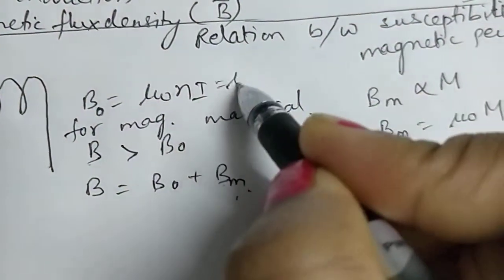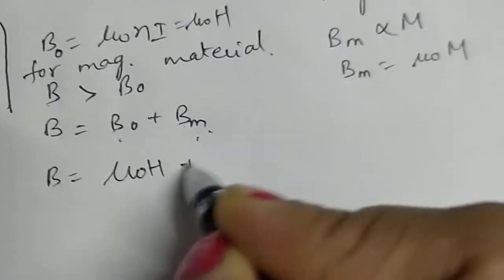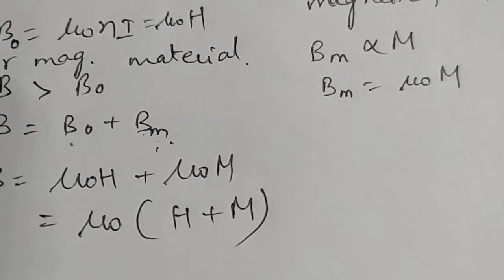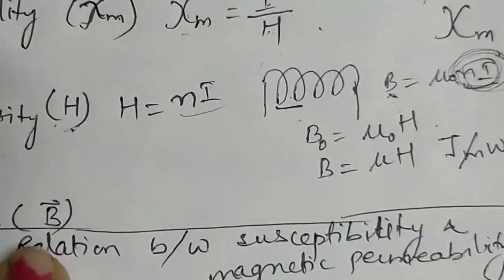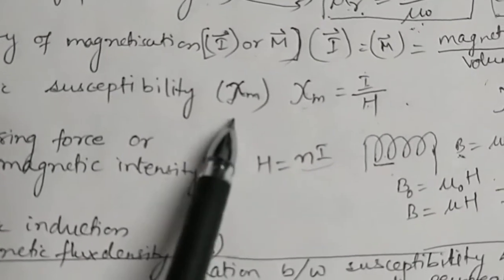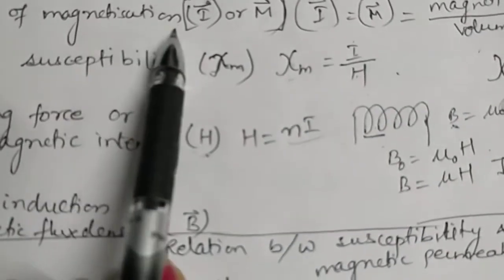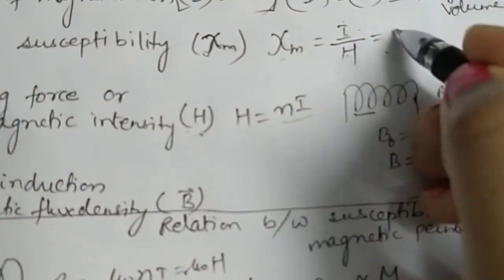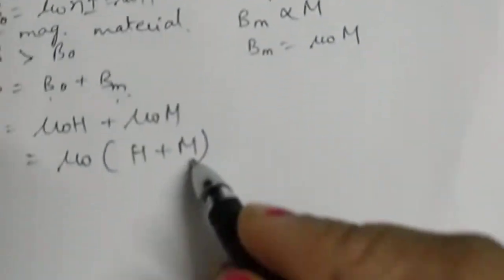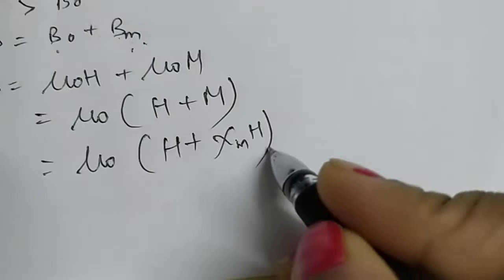Ni is H, so it is mu naught H. I can replace this and get B is equal to mu naught H plus mu naught M. If I take mu naught common, it is mu naught times H plus M. But magnetic susceptibility, which we did earlier, chi m is equal to I by H, where I is the intensity of magnetization, which can also be written as M by H. So from here, M will be equal to chi m H. I can replace that here, so mu naught H plus chi m H. This H can be written outside.